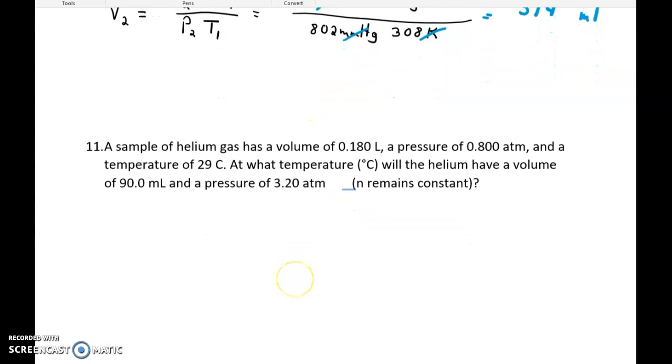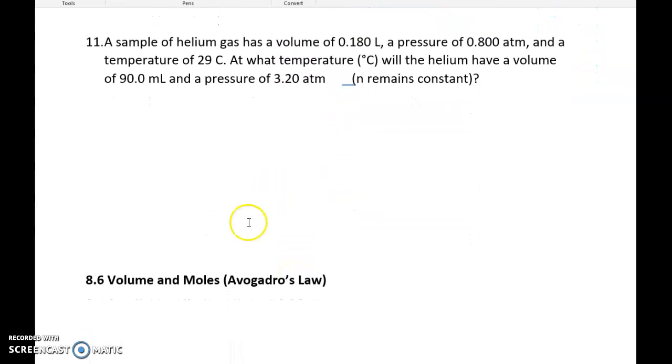So let's do one more. Here we have a sample of helium gas. It has a volume of 0.180 liters.